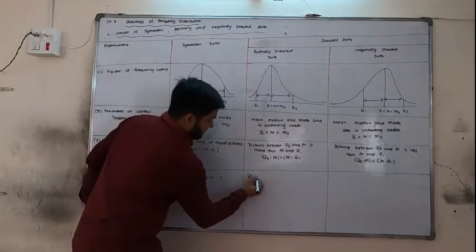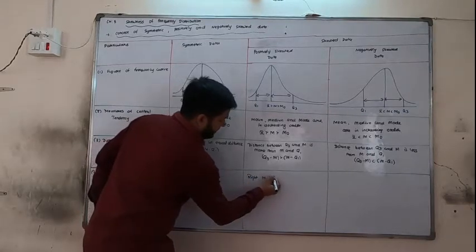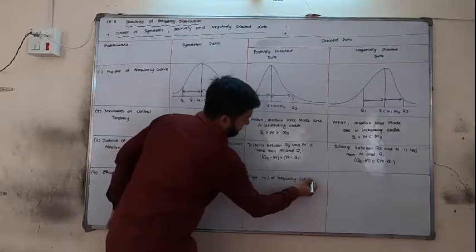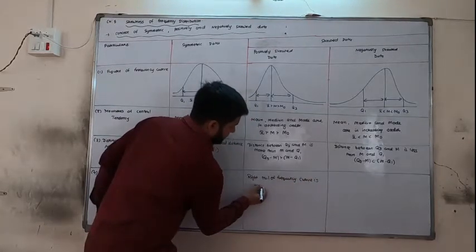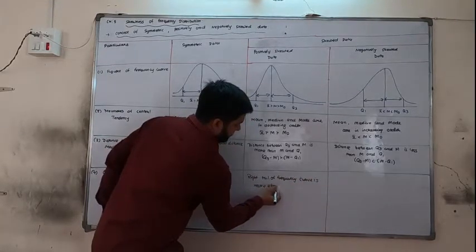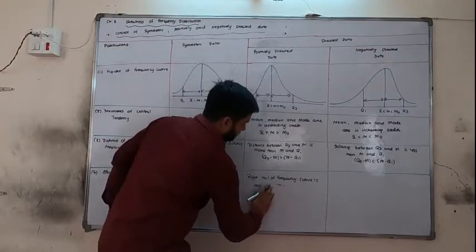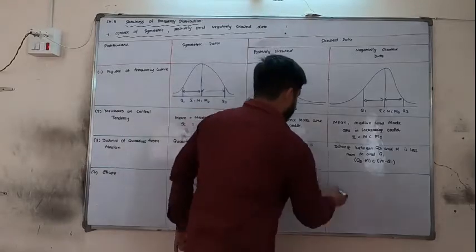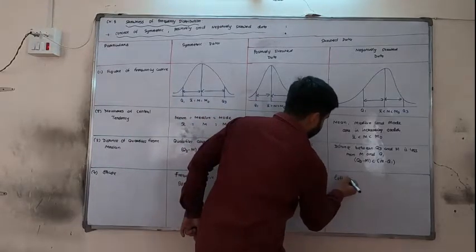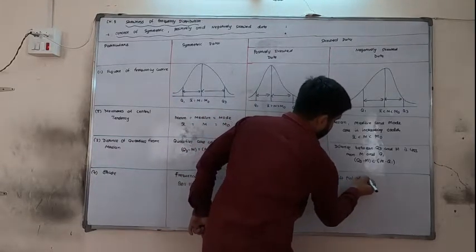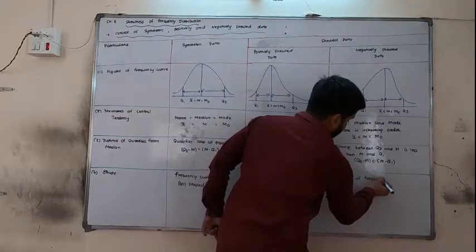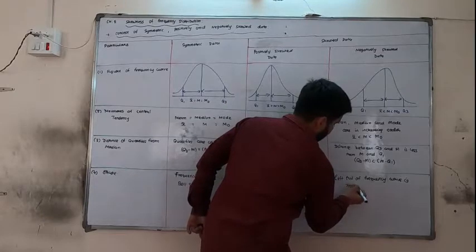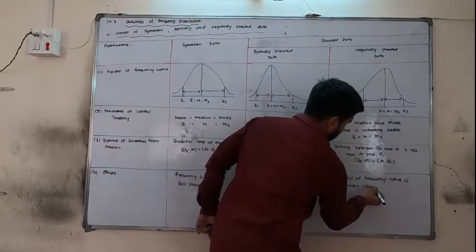Here we will write the right tail of the frequency curve is more elongated. Here we will write the left tail of the frequency curve is more elongated.